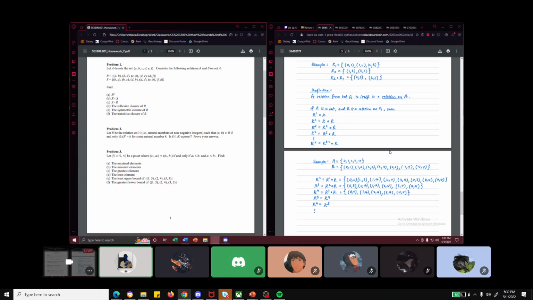Given that it says maximum elements, there can't be a maximum element, because the given statement says a1 is less than or equal to b1 and a2 is less than or equal to b2. So they're all either greater than or equal to their respective set. That's why there wouldn't be any maximum elements, but the minimum element could be (0,0), because the least element in this case would be (0,0).